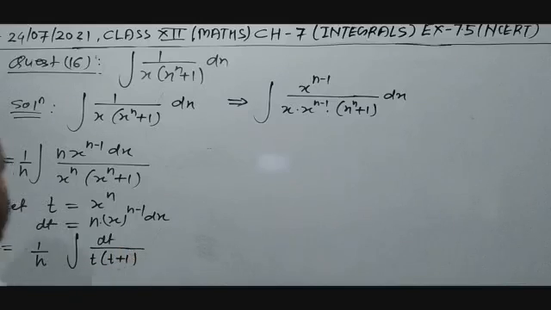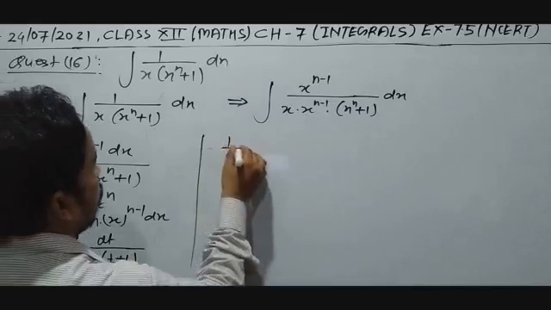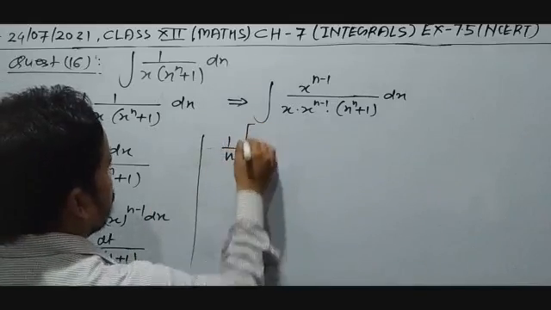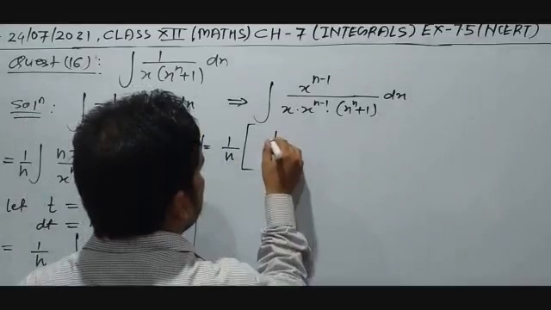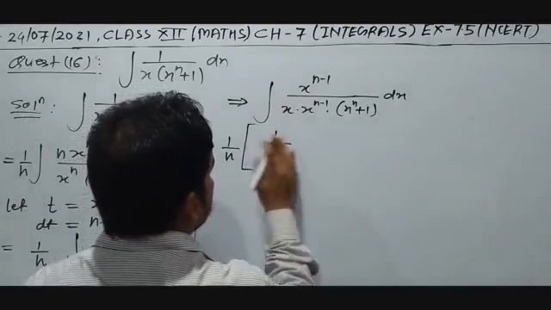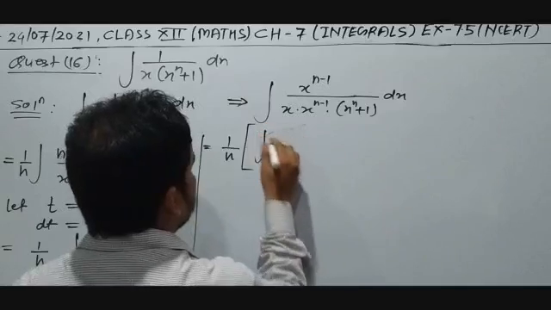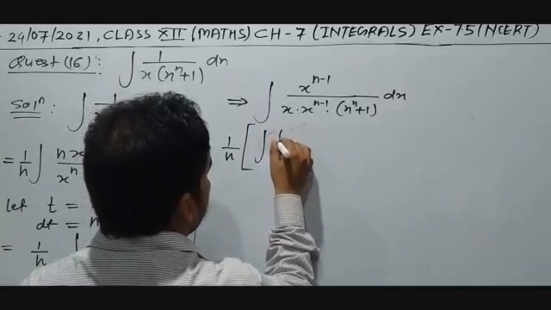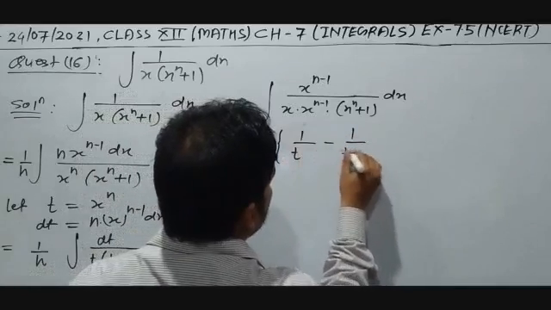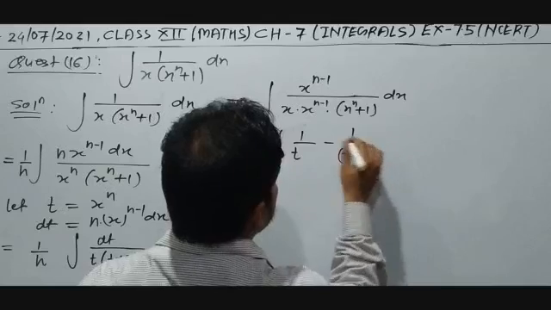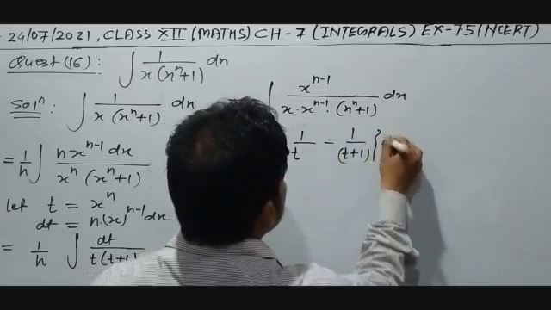Now 1 by n is a constant that will be outside the integral, and this term we can write as integration of (1 upon t minus 1 upon t plus 1) dt.